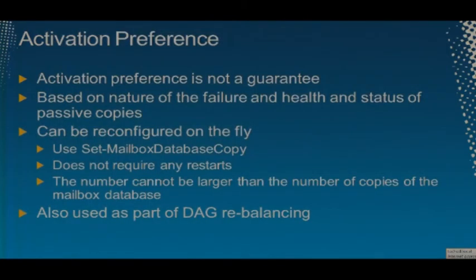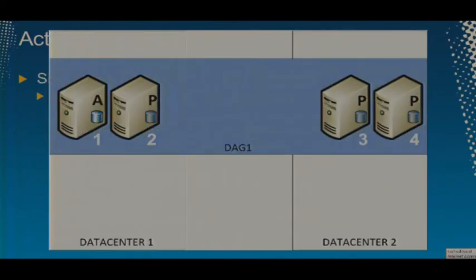Now, activation preference is not a guarantee. Even if we sort the list, the nature of the failures makes it impossible for us to guarantee that activation preference can be used. For instance, if we go back here, you might say, anytime a failure happens here, it's always going to activate here because that's the next activation preference.